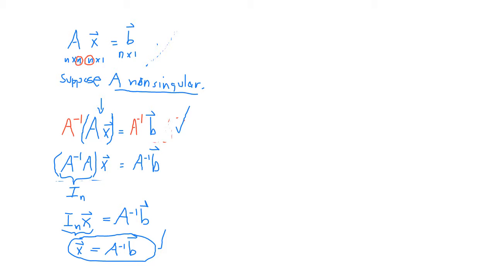Just so you know, you kind of see this identity, if you have 1, 0 times 0, 1, and you were to multiply 3, 2.